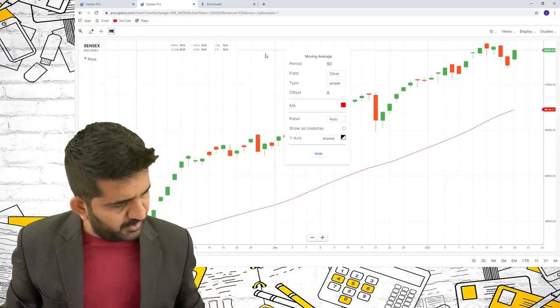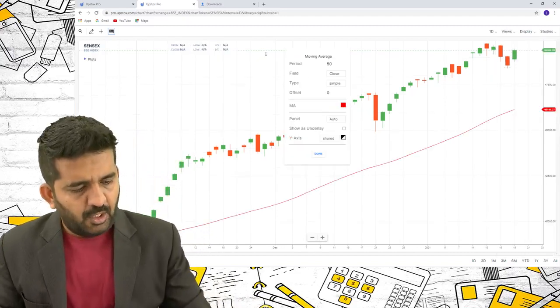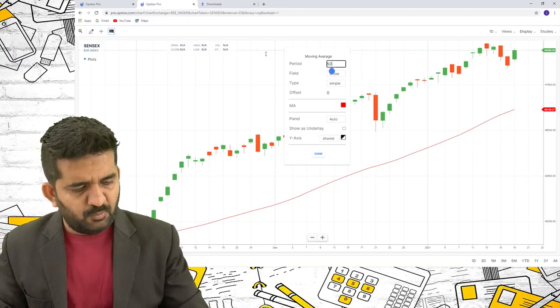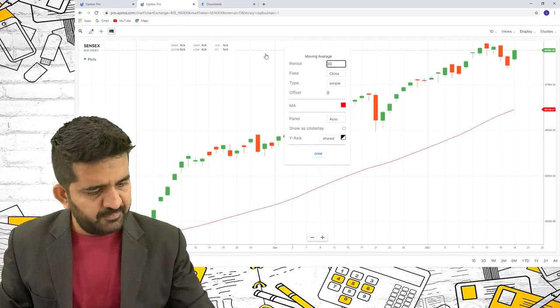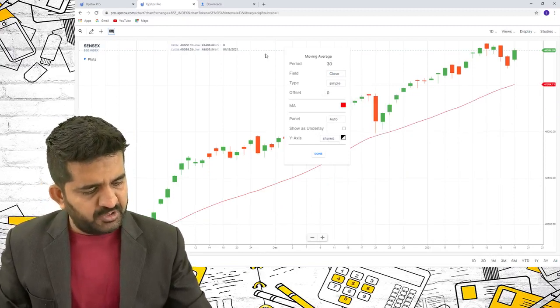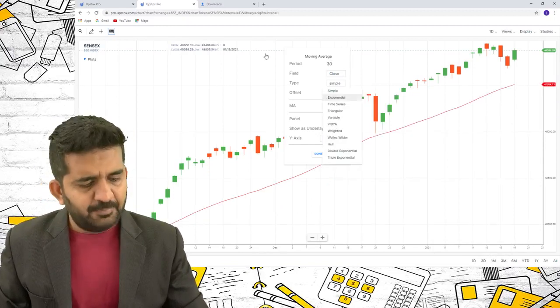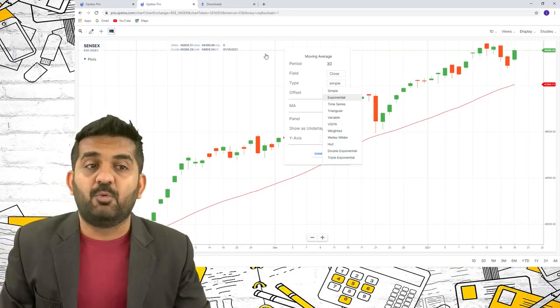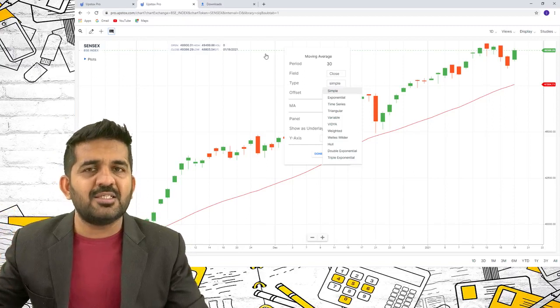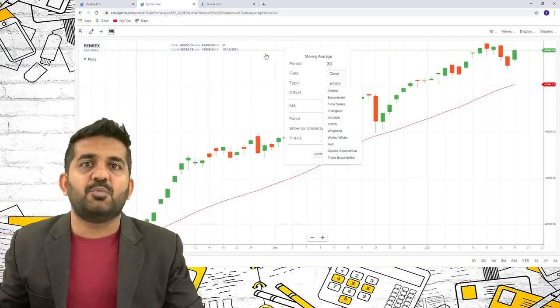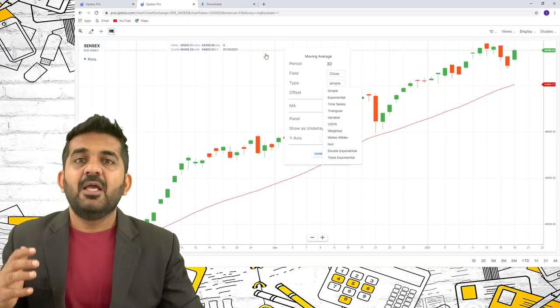So this is moving averages. How many days moving average do I want? I want a 30 days moving average. I want closing price to be taken. Type is, I don't want simple moving average. Understand, in simple moving average, all last 30 days trading prices will be given equal importance.